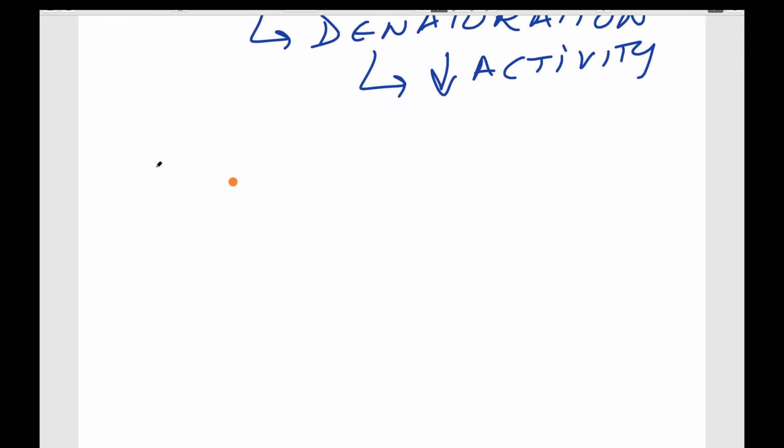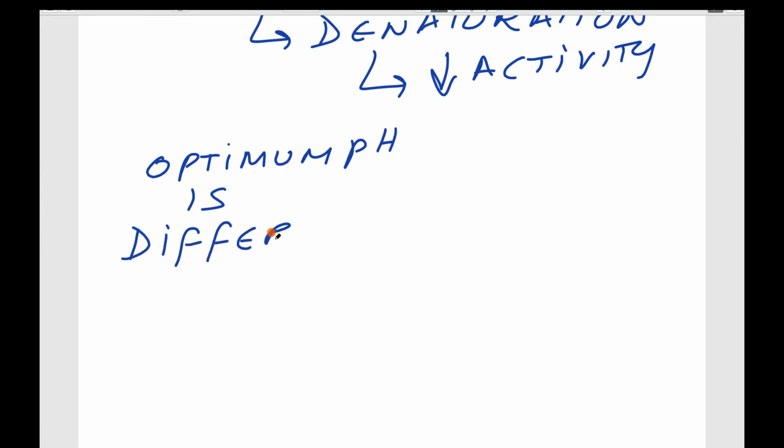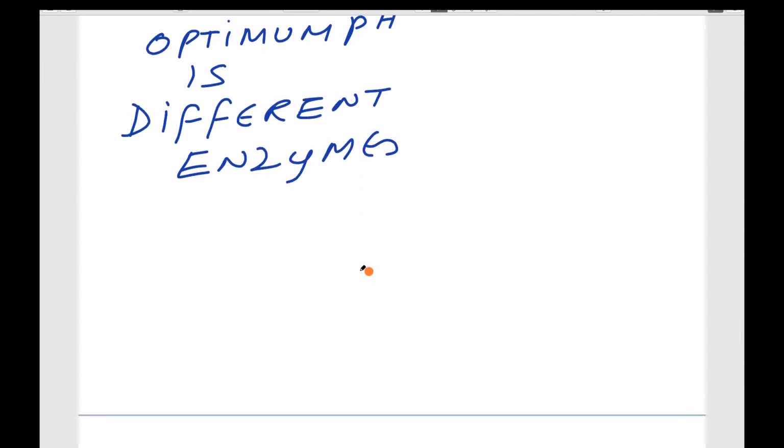No. The optimum pH is different for different enzymes. We have many such examples. Different enzymes are active at different pH.